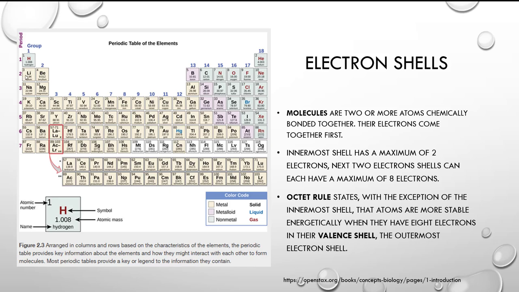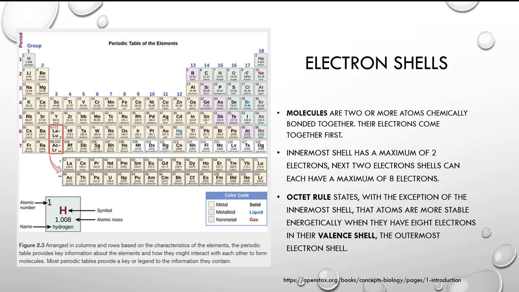If we look over here at neon, neon has 10 electrons. The first 2 go in its first shell, and the next 8 fill the outermost, second shell, so that's completely filled. So neon is happy and non-reactive.